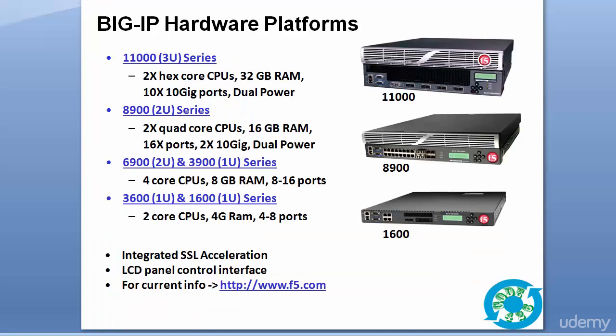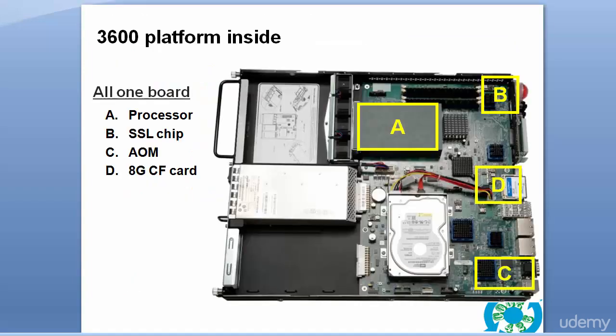AOM is the Always-On Management and is a second OS to TMOS for the new platforms of 1600s, 3600s, 6900s. SCCP stands for Switch Card Control Processor and is a second OS to TMOS for older platforms such as the 1500s, 3400s, and 6400s. The CPU is covered by a shroud for airflow.